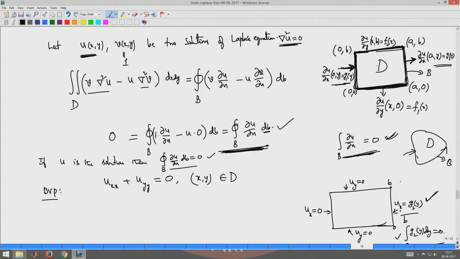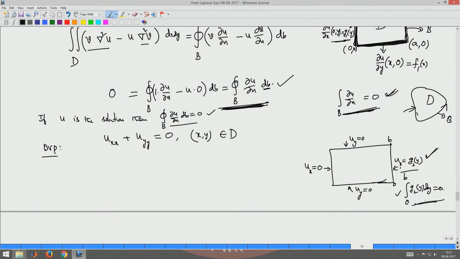So, if you are given f1, f2, g1, g2 such that the integral of each of them is 0, say the integral from 0 to a of f1(x) dx is 0, 0 to b of g2(y) dy is 0, 0 to a of f2(x) dx is 0, and g1(y) from 0 to b dy is 0. If each of these is true, then I can break this into 4 problems. Okay, because the necessary condition is satisfied even after breaking.